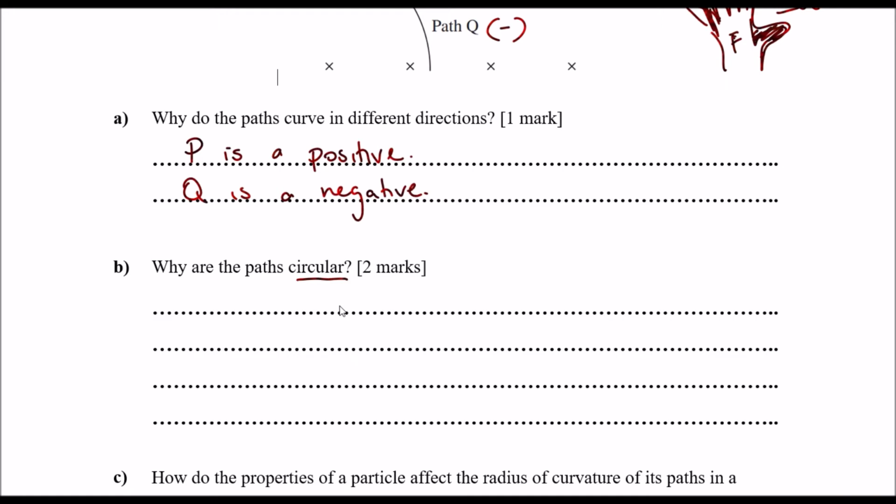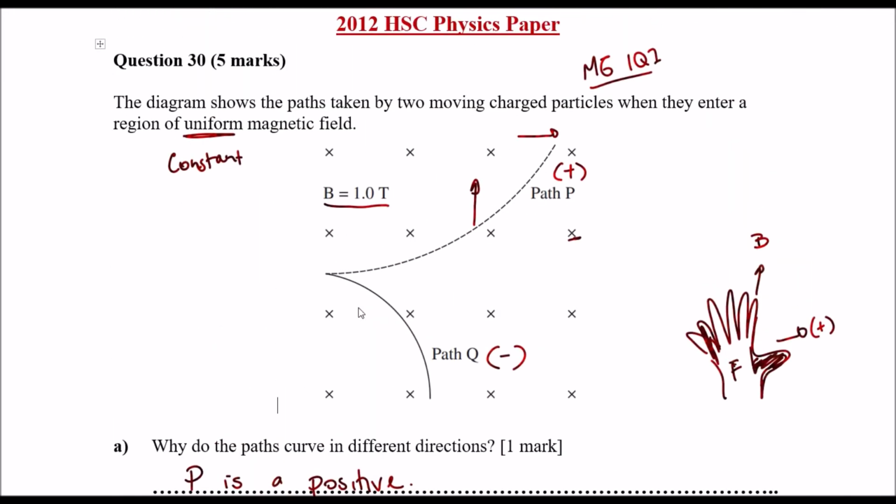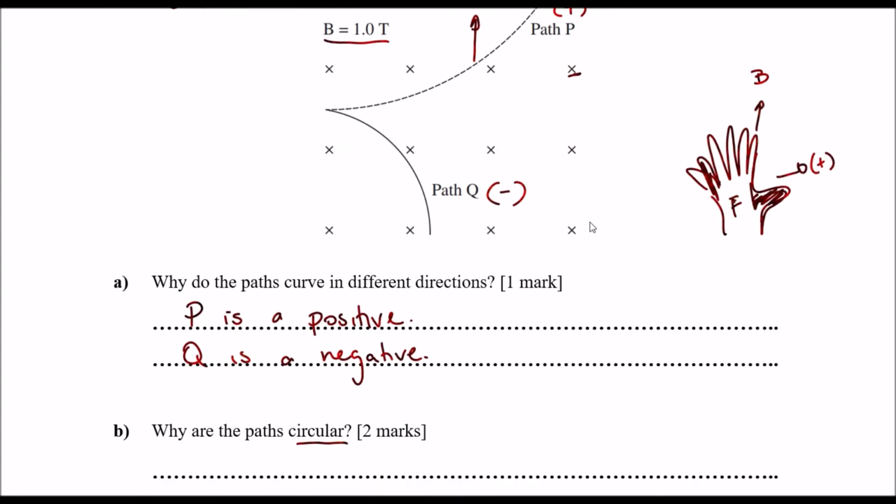Okay, next question. Why are the paths circular? That is a good question. Now, we know from the way charged particles behave in a magnetic field, if you have a look at the direction our charged particle is going, to the palm of our hand, if we drew it on a side view, that's our finger, that's the face of our palm, and our fingers are pointing out like this, the force is going like this.